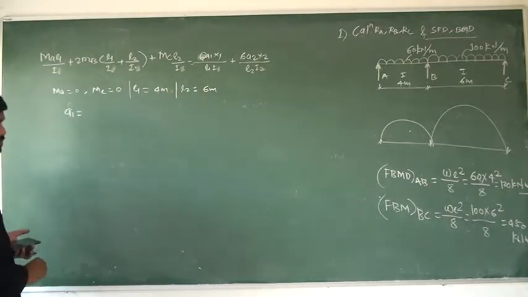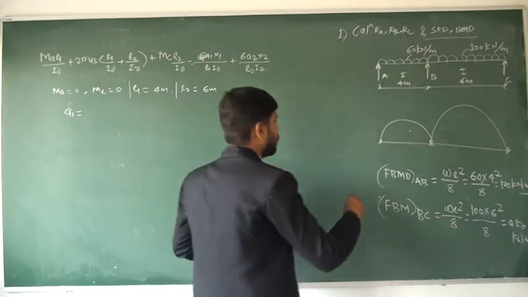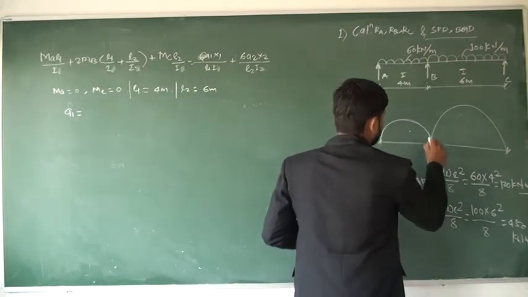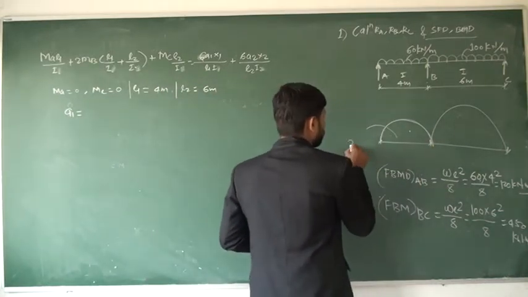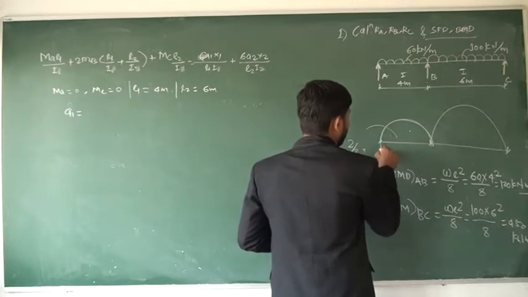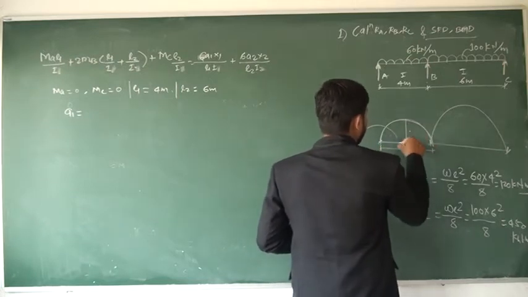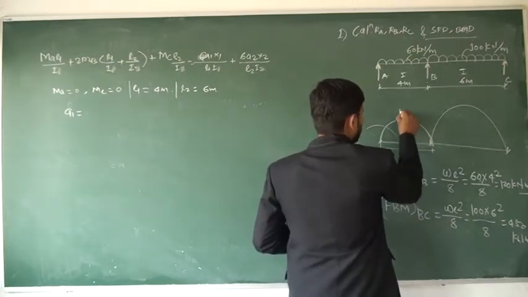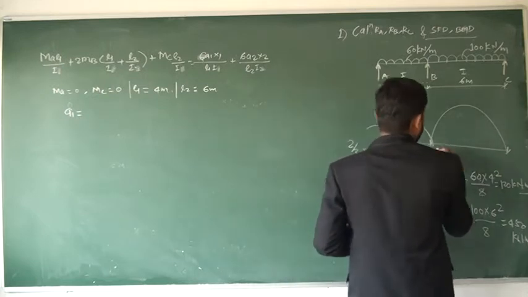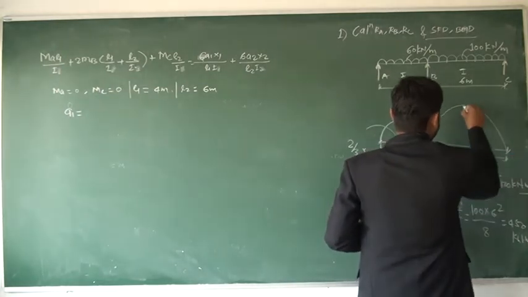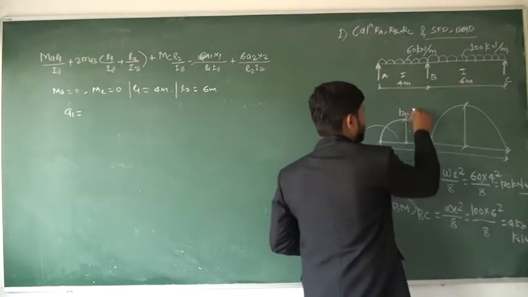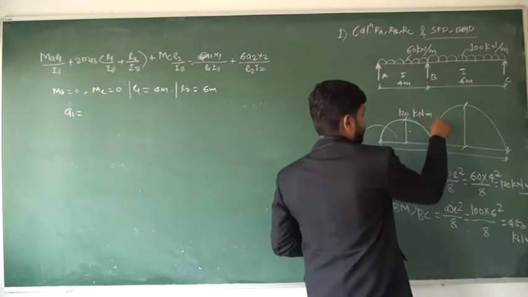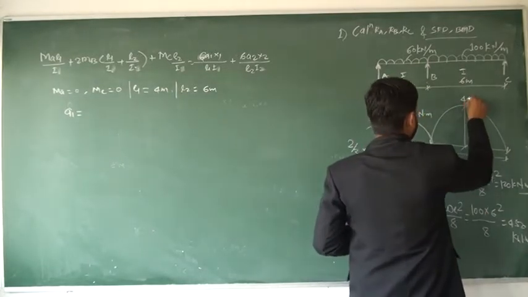A1 is the area of this parabola, which will be 2/3 of base into apex of the parabola. The apex for this is 120, and for the other, the maximum bending moment, it is 450.